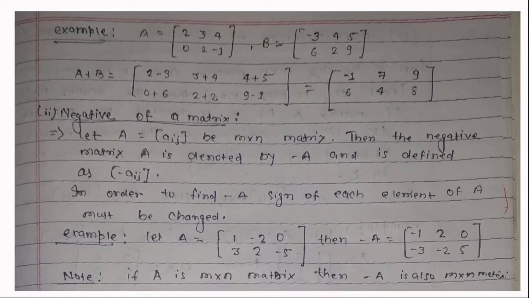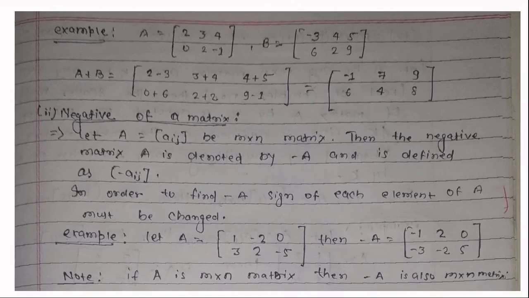Then the negative of matrix A is denoted by minus A, and it is defined as minus Aij. That means in order to find minus A, the sign of each element of A must be changed, that is, each element of the matrix is multiplied by minus 1.